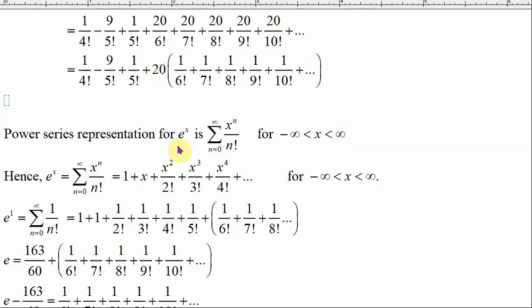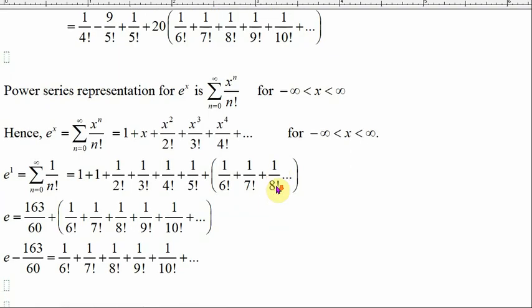Recall that the power series representation for e to the x is 1 plus x plus x squared over 2 factorial plus x to the third over 3 factorial, and so on. Let x be 1, then we get e to the first is equal to this right here.